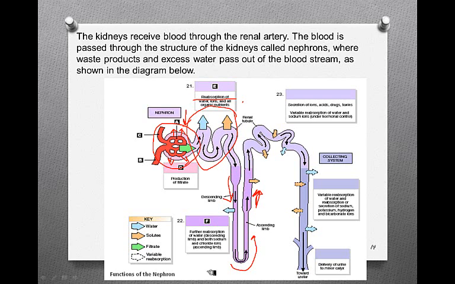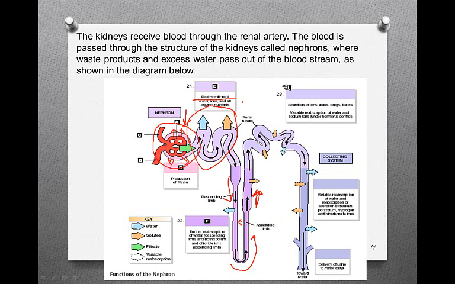So here is the hairpin turn in the loop of Henle. Sounds like something out of NASCAR. And what happens is, as it becomes less and less permeable, you start to have a big change in osmolarity.